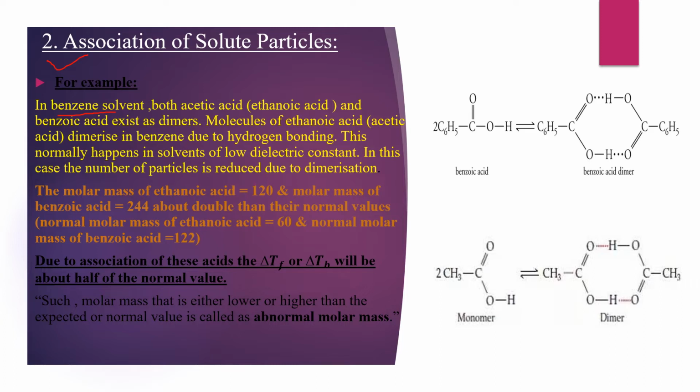So here we take benzene as a solvent, and the solute particle must be non-polar. As non-polar particles are added to a non-polar solvent, there is a formation of dimers. They get associated. The molecules of ethanoic acid dimerize in benzene due to hydrogen bonding. This normally happens in solvents of low dielectric constant.